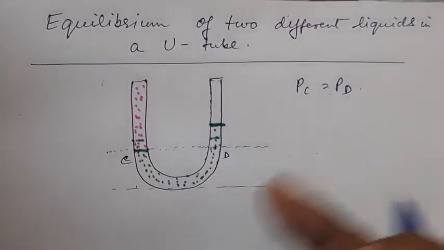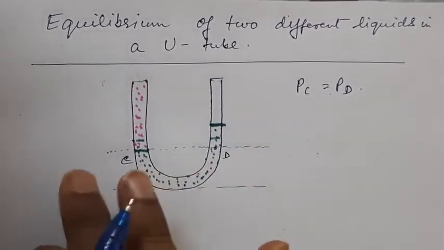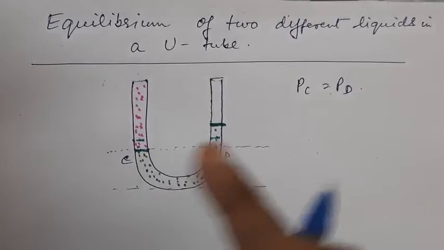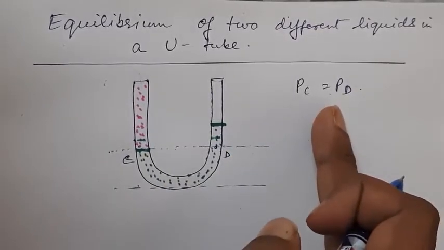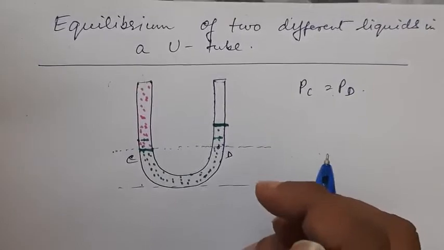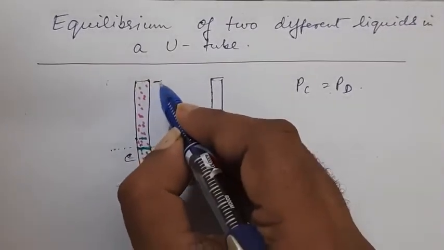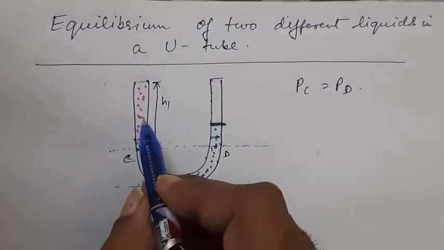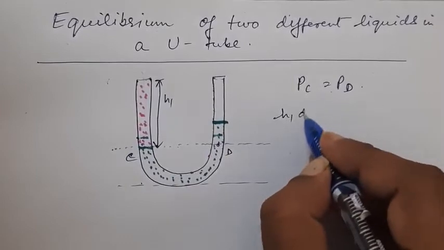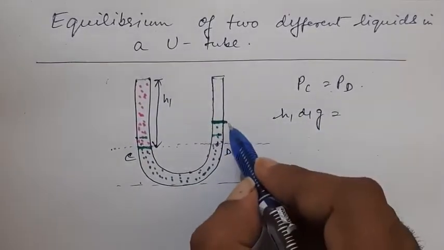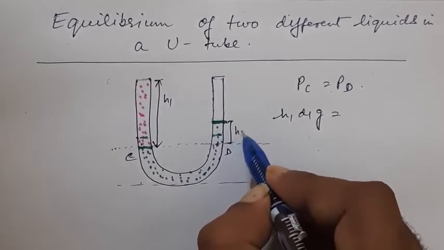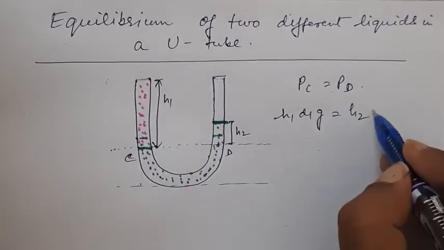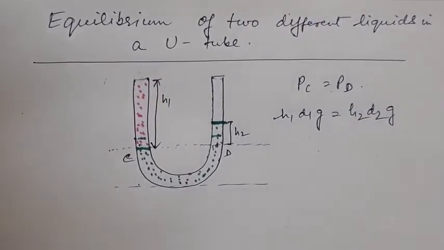So in equilibrium, at the same horizontal level CD, the liquid pressure at point C must be equal to the liquid pressure at point D. Now how to find these things? Take the height of the first liquid in the first column to be H1, the density as D1, that means H1 D1 g must be equal to H2, the height of the other liquid, with density D2, and g.